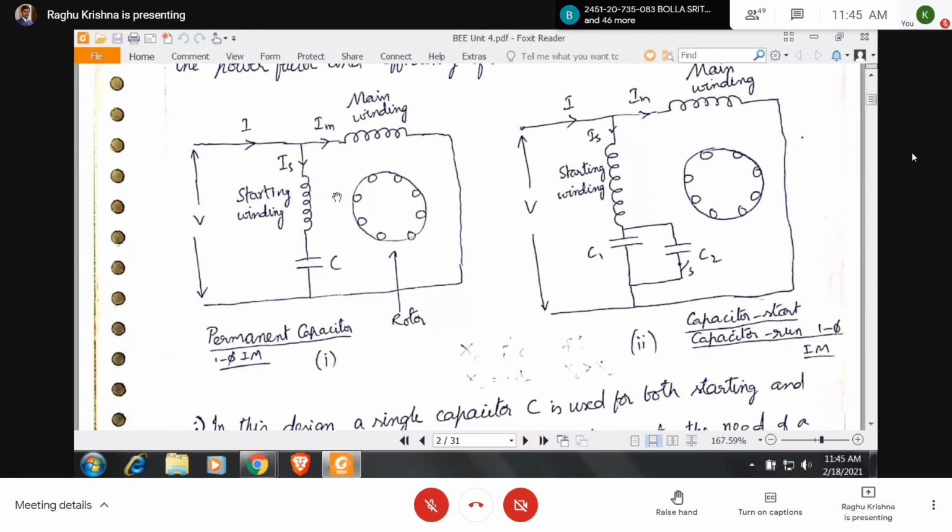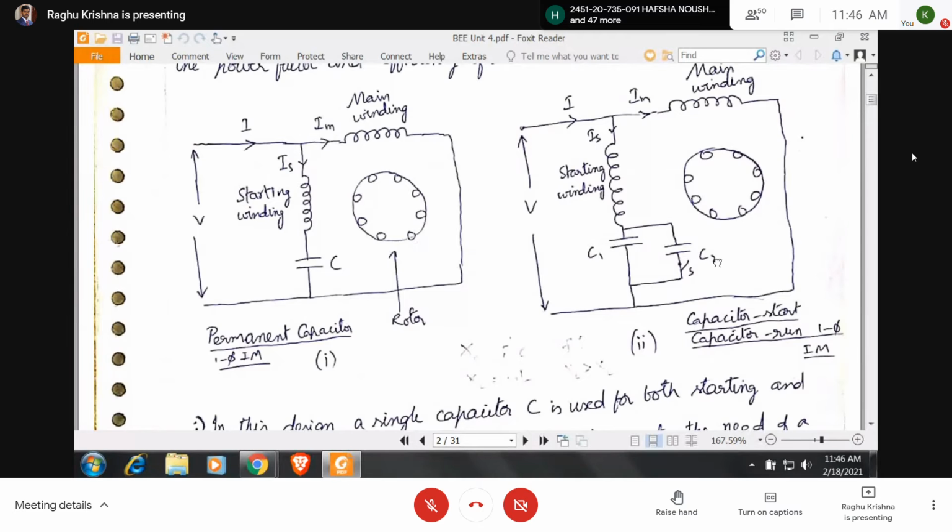When the rotor conductors cut the rotating magnetic field, EMF will be induced in the rotor conductors, and current will flow through them. This rotor current interacts with the rotating magnetic field, experiences torque, and rotates in the direction of the rotating magnetic field. So that is the permanent capacitor single phase induction motor.